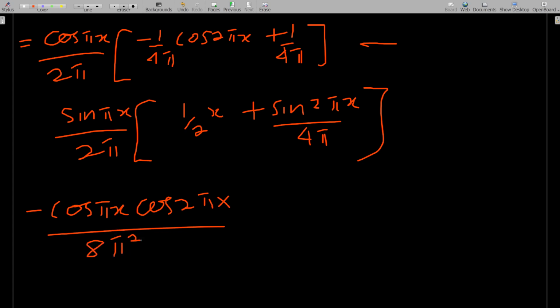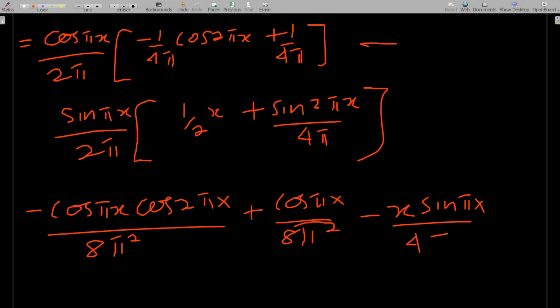Something is also happening here. Then plus cos pi x over 8 pi squared. Okay, then minus x sine pi x over 4 pi, then plus, is it plus?